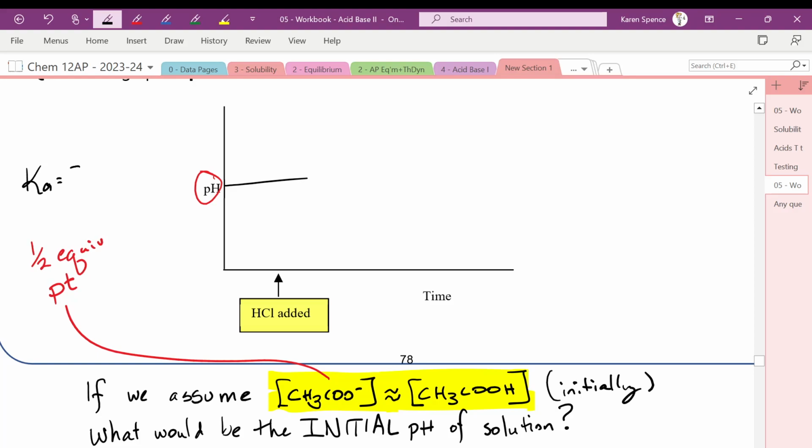Ka is equal to the concentration of hydrogen, and we just put a half there to indicate that that's at the half equivalence point. Okay? So what would our pH be? pH would be what? pKa.